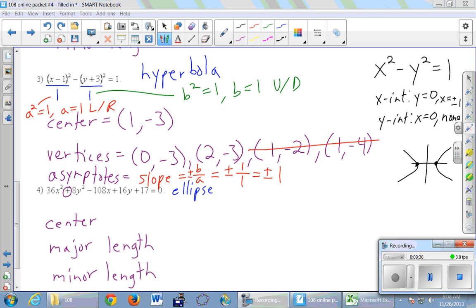So that means the slope of our 2 asymptotes are positive 1 and negative 1. And we know definitively that the center is on both of the asymptotes. 1, -3 is definitely on both lines. So now it's just a matter of writing down equations of lines that have a slope of 1 and hit the point 1, -3, and the same thing, slope of -1 and hits the point at 1, -3.